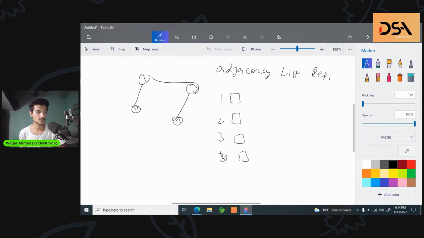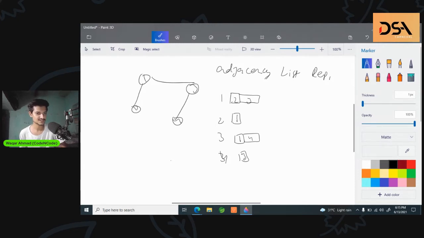So node 1 is directly connected to node 2 and 3, so list size of node 1 will be 2, and it will store 2 and 3. Node 2 is directly connected to 1 only, so 1. Node 3 is connected to 2 elements which are 4 and 1, so 1 and 4. And node 4 is directly connected to only 3, so it will store 3.